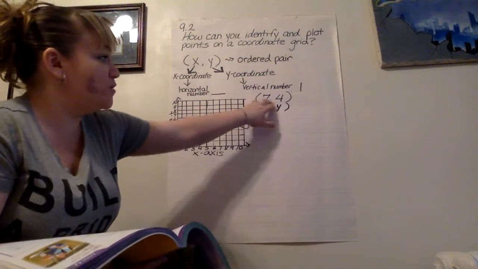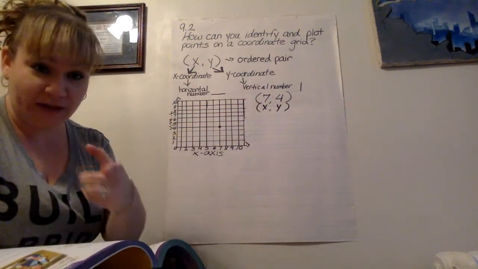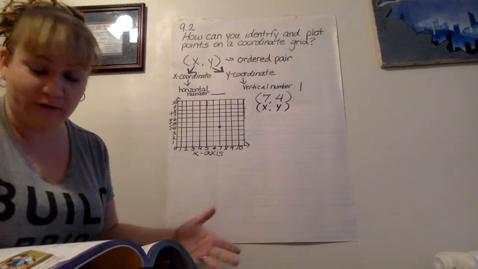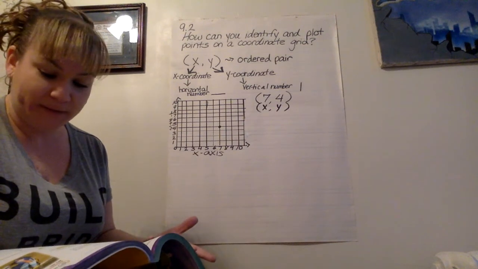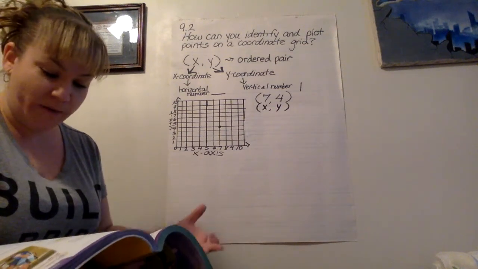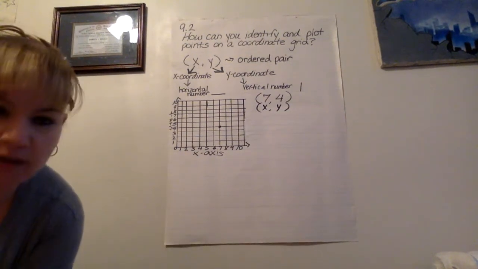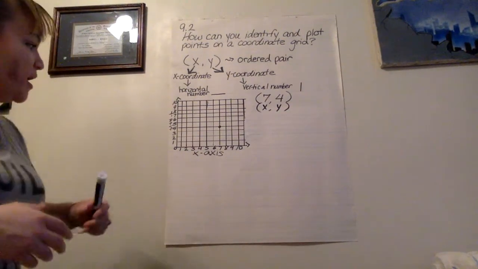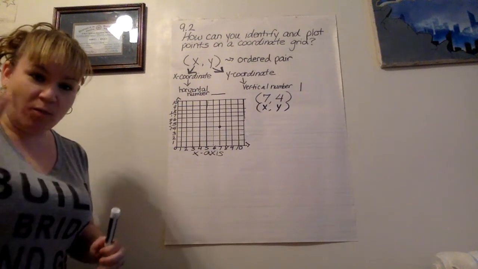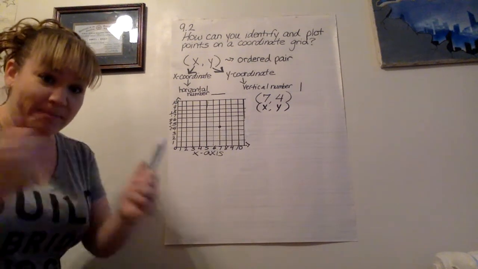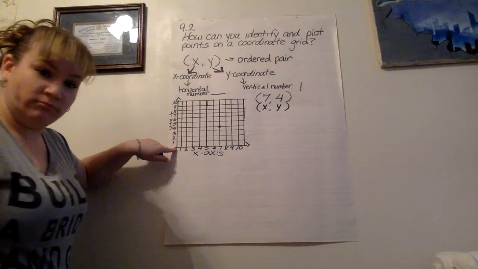And these two together with the comma, make sure you have the comma, like 7, 4 or whatever, is your ordered pair. Oh, here's another one, the point of origin. Origin is like the starting point. It's the only place where x and y meet, at 0.